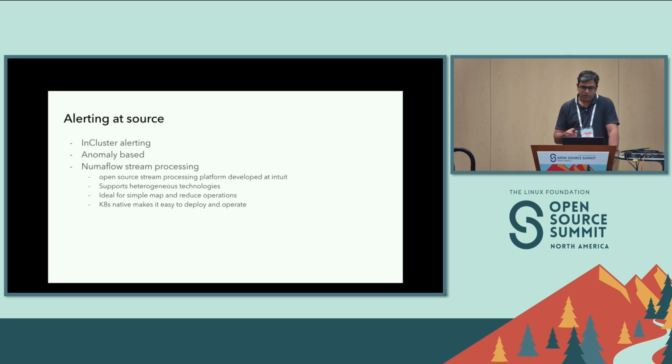We have this project called NumaFlow, which is a part of the NumaProj open source project. It's an open source stream processing platform. It's not trying to be Flink or Spark or anything of that sort. It's a very simple Kubernetes native stream processing platform. It can support heterogeneous tech stacks, and it is ideal for simple map and reduce operations.